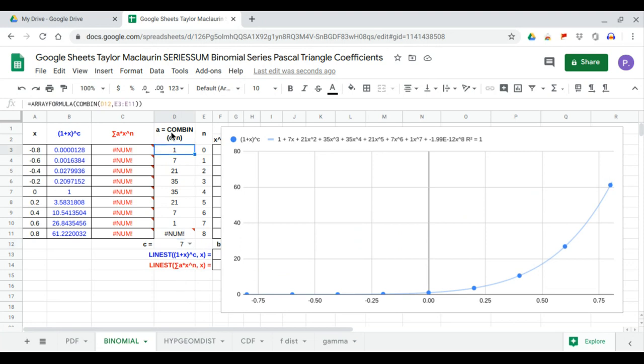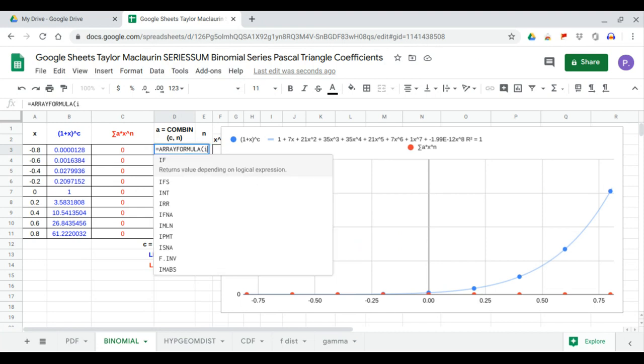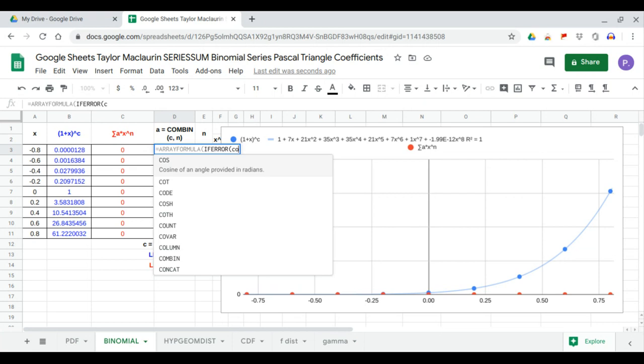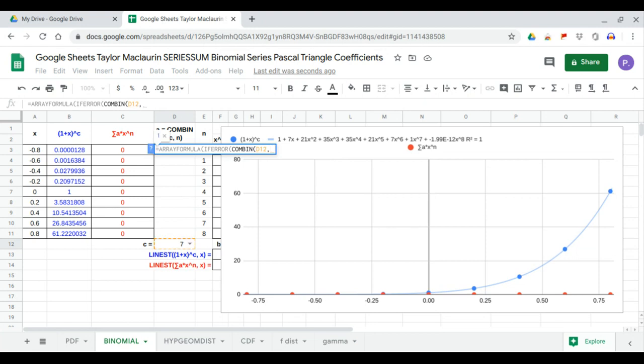So again, this is equal to array formula. This time we put if error, combine c, comma, n.